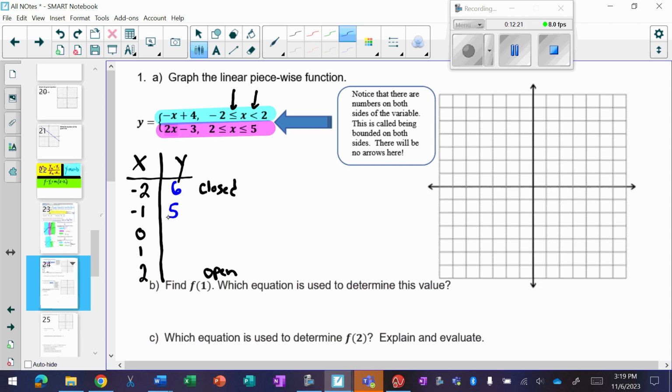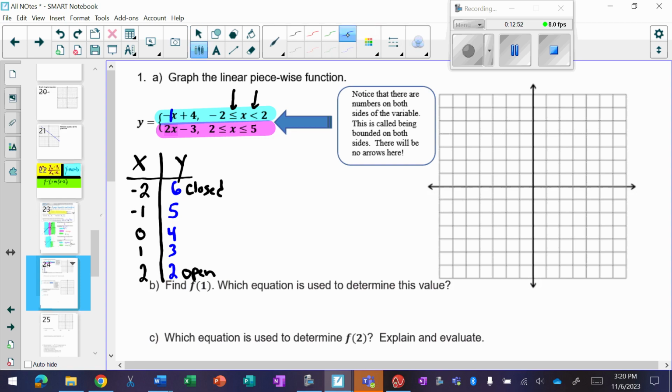The pattern is very simple. Looks like the x's are going up by 1s as the y values go down by 1s, which makes sense because that's our rate of change. That's our slope, negative 1. So that means the next number would be a 4, the next number would be a 3, and the next number would be a 2. I have to remember that when I'm graphing this, I do a closed circle around negative 2, 6, but I do an open circle around 2, 2.